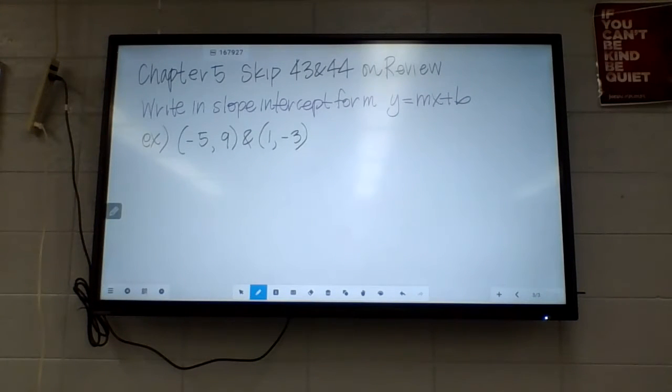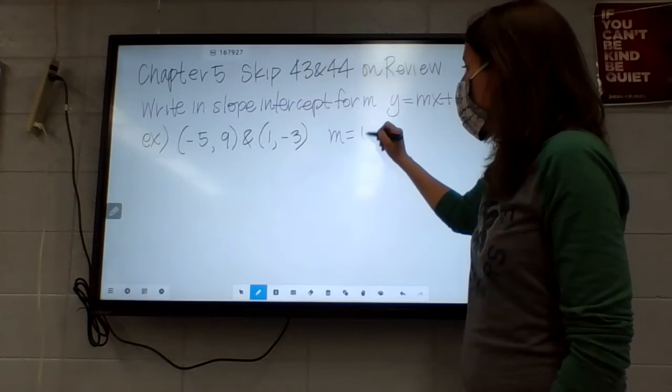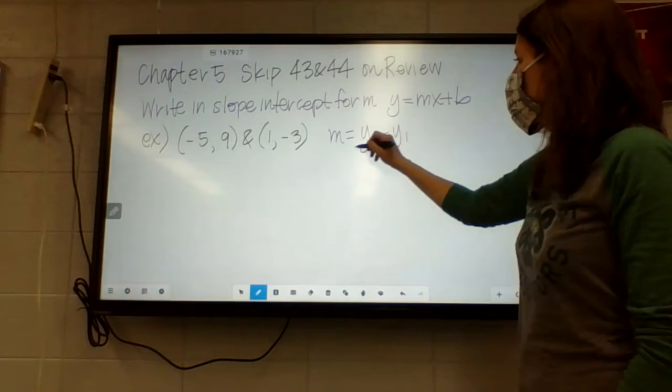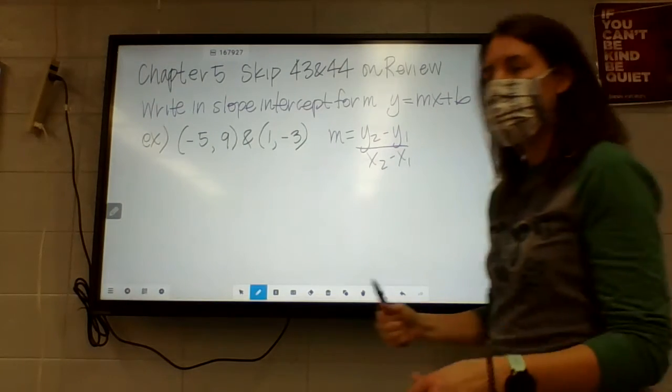This is one of the tougher problems we do with these, so it goes through all the steps. I'm hoping this feels like a little bit of review or a bigger review, but some of you didn't do awesome on the test, so maybe you need a little more review. Now, in order to do this one, I do need the slope formula. So I'm going to put everything in for our slope formula.